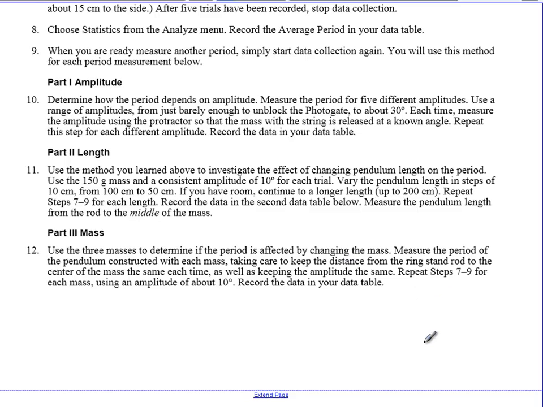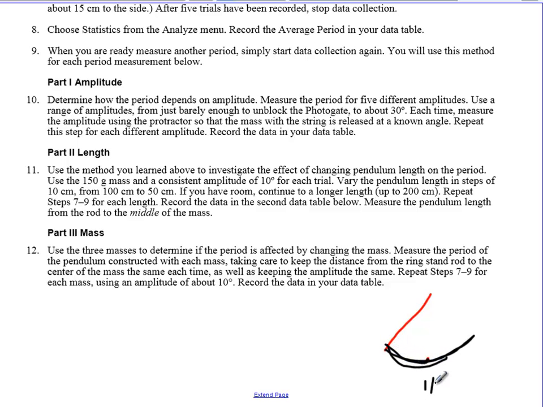If you have a pendulum swinging through the center point, it starts up here and it swings through. As it comes through the photo gate once, it gets an event. It gets blocked all of a sudden. It swings up to here and it swings back. Now it's gone through twice. There's another blocked event. And then it comes up here and then it comes all the way back and there's another blocked event.